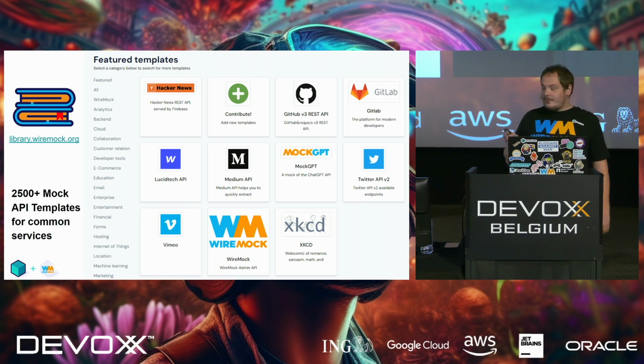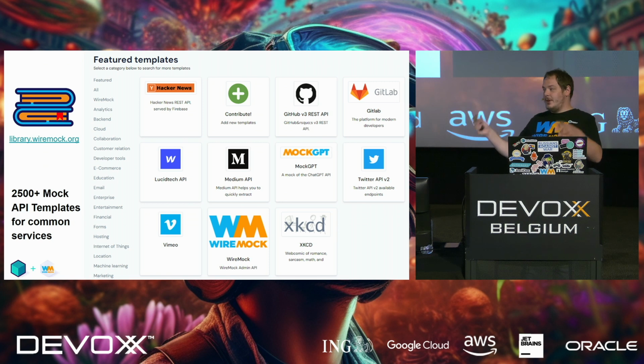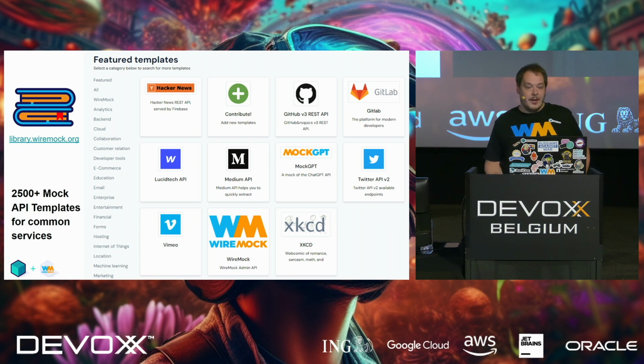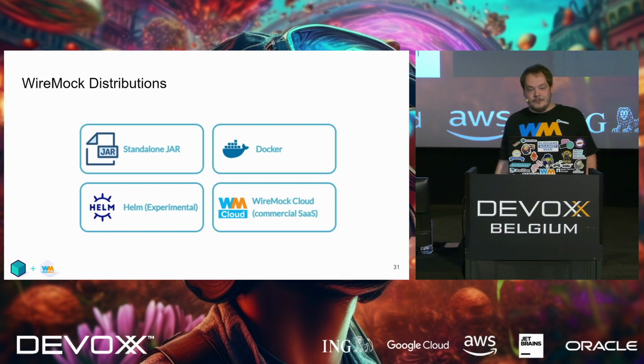So there are also a lot of ready-to-go mocked services. For example, if you create a client for GitHub, for GitLab, for XKCD for whatever reason, or for Testcontainers Cloud, you can just take a REST API or OpenAPI definition and import it and get something to start mocking with. So it saves a lot of time, and it's normally a click of a button.